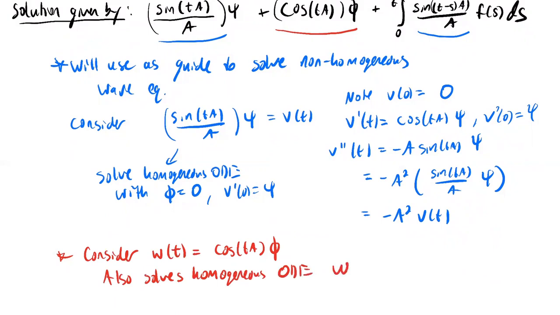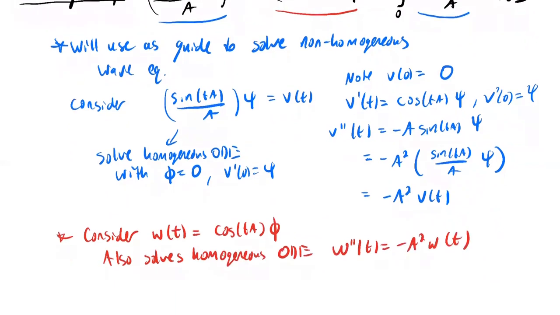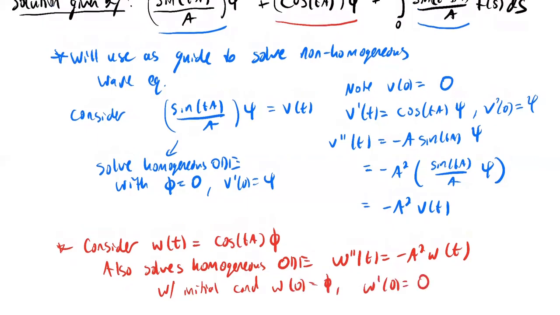Again, maybe pause the lecture to check this, that if I take the second derivative with respect to t, this is minus a squared times w of t. And the initial conditions are, well, w of 0 is equal to phi, and w prime of 0 you can check is equal to 0. So this solves the homogeneous problem now with c replaced by 0 and then initial position phi.